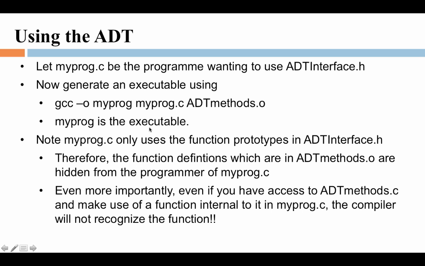Let us understand what we do. Myprog.c is a program which wants to use this abstract data type that you have designed. Remember that the function prototypes that you can use to access the data items in this abstract data type are written down in ADT_interface.h.